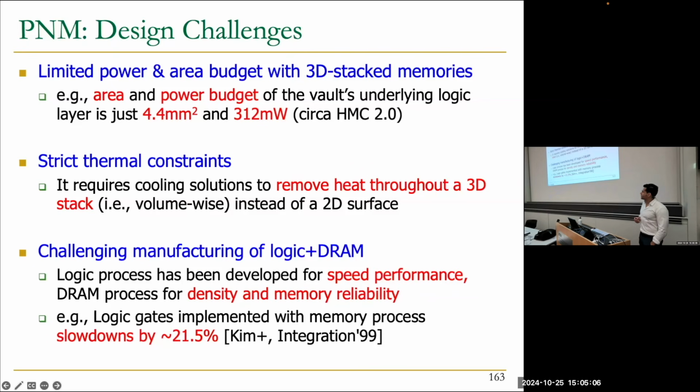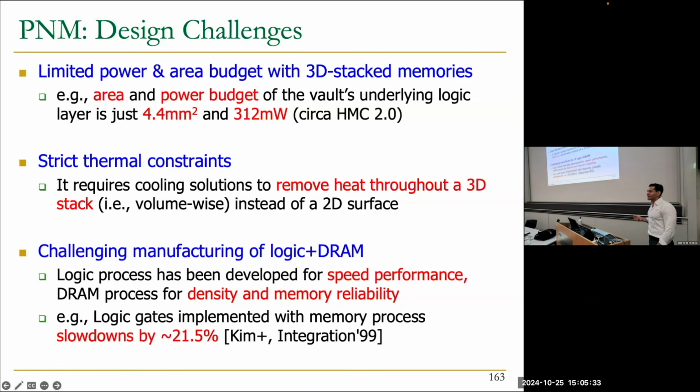The third one, and perhaps the most important one, the reason it took us so long to have processing-near-memory architectures, is that manufacturing logic plus DRAM is extremely difficult. It's difficult because those two manufacturing processes have been heavily optimized for different trade-offs that contradict each other.